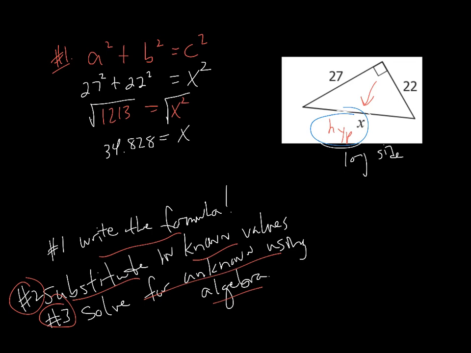So to the nearest tenth, according to the instructions, it says round to the nearest tenth. Since this is a 2, I'm going to leave that at 8. X is approximately 34.8. So this length right here is approximately 34.8. And that's longer than 27 and 22, so that makes sense.